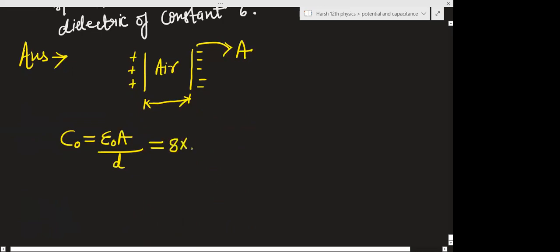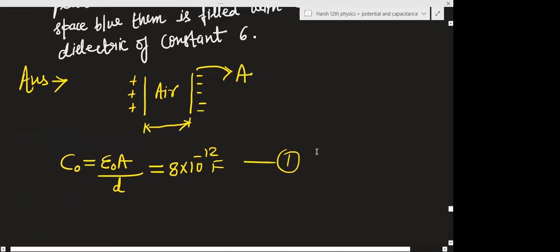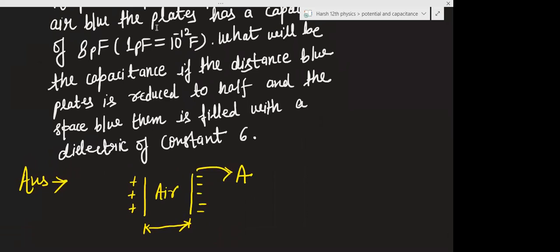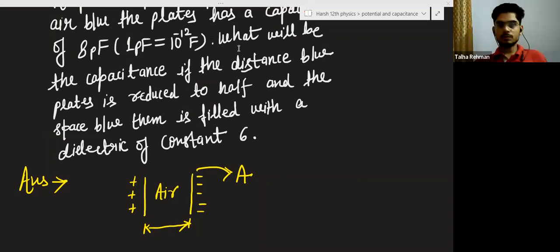8 picofarad means I can write this as 8 into 10 raised to minus 12 farad. This is given to us. Now what they are saying: earlier the plates are at this distance.